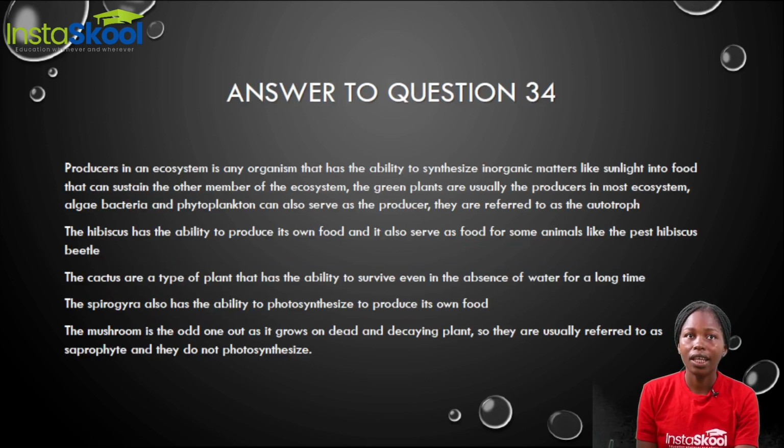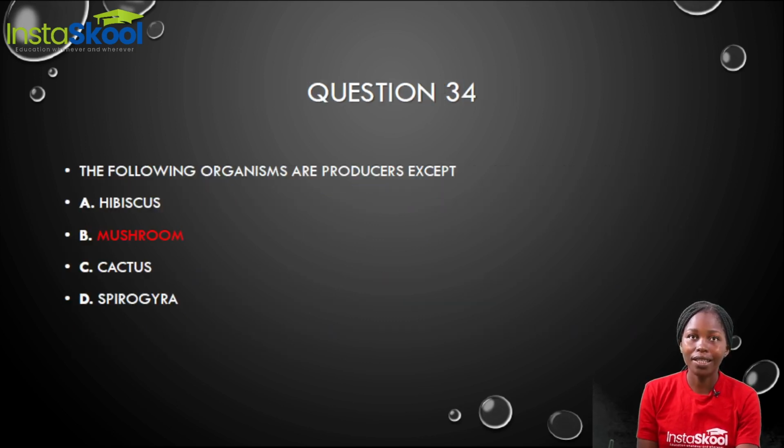Spirogyra is a microscopic organism that has the ability to photosynthesize in order to produce its own food. But when we look at the mushroom, they usually grow on dead and decaying plants. So they cannot photosynthesize, and they are usually referred to as saprophytes because they grow and feed on dead and decaying plants. So our answer is option B.